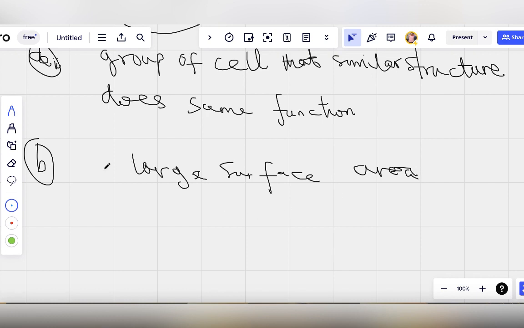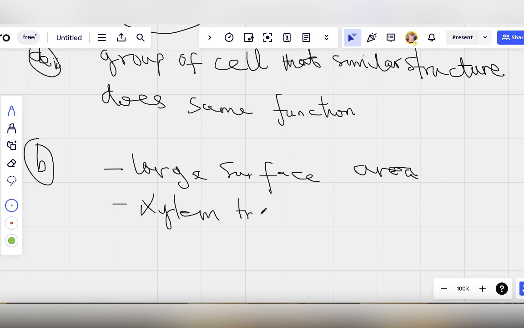I will just summarize it. The next point is that xylem will transport the water to the leaf. Xylem. So I just write only xylem.